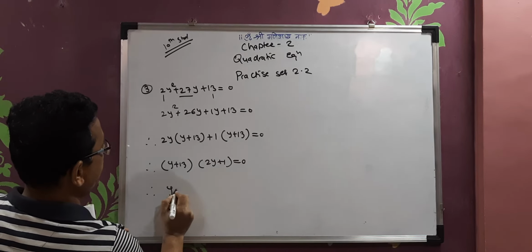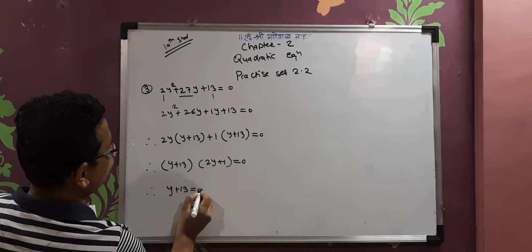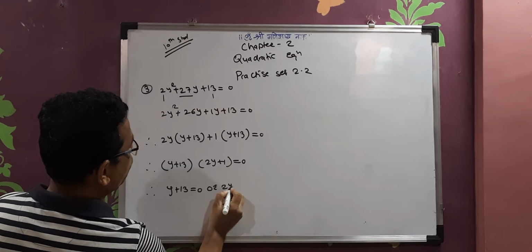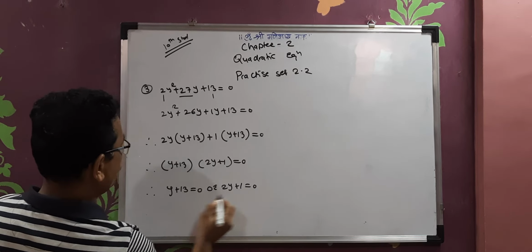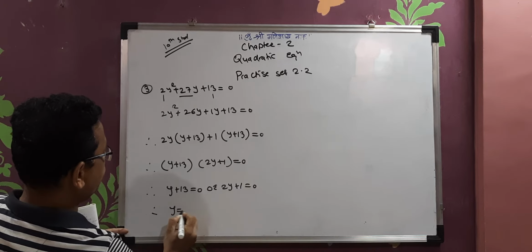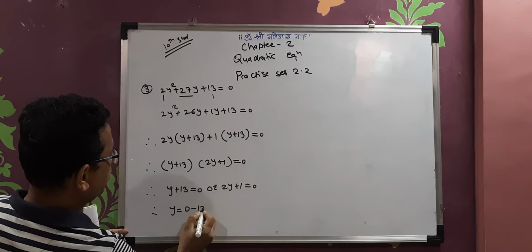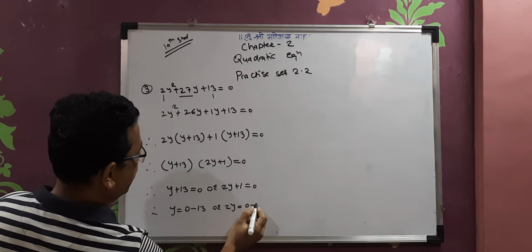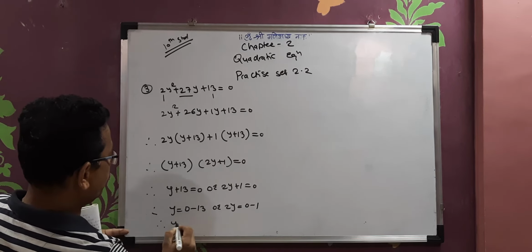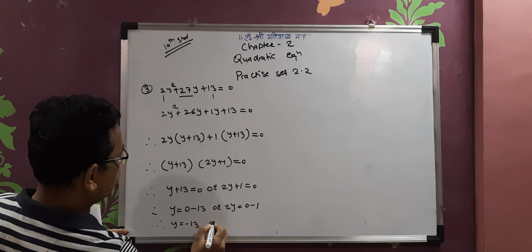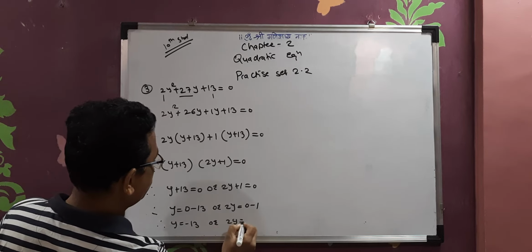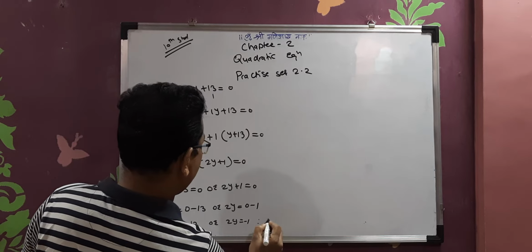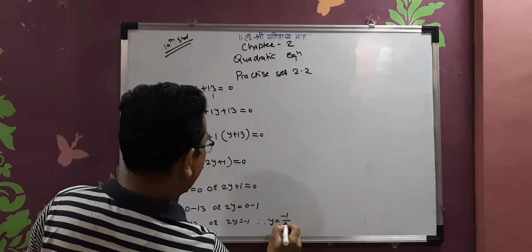So y plus 13 is equal to 0 or 2y plus 1 is equal to 0. So y is equal to 0 minus 13, or 2y is equal to 0 minus 1. So y is equal to minus 13, or 2y is equal to minus 1, so y is equal to minus 1 upon 2.